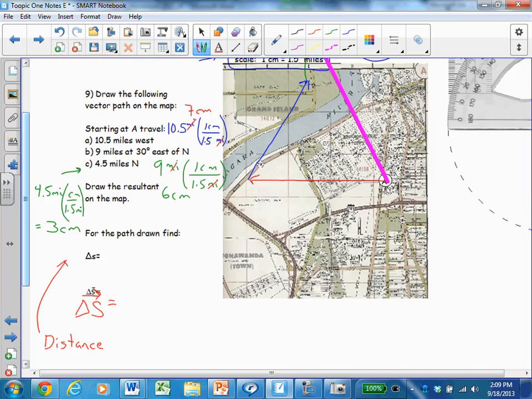The change in position with the arrow, so the change where you're taking in direction from where you started to where you finished. So not the distance you traveled, but from one to the other. That's considered the displacement. So the second thing here, this is displacement.